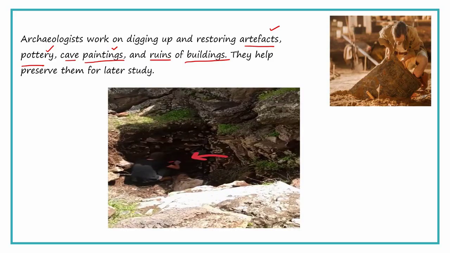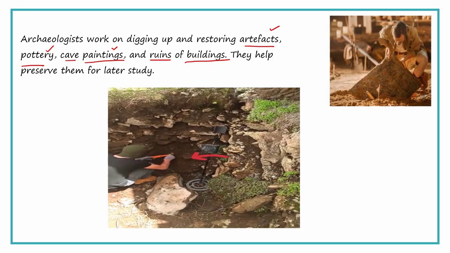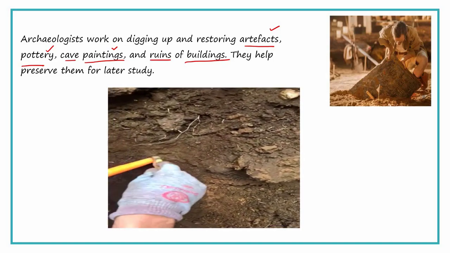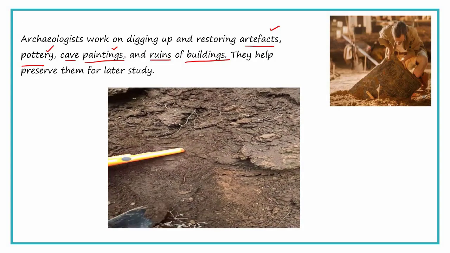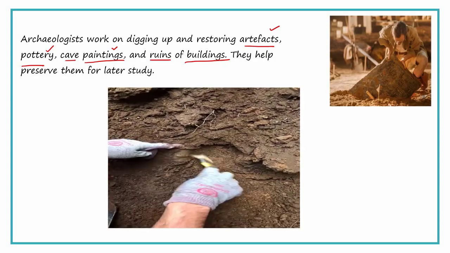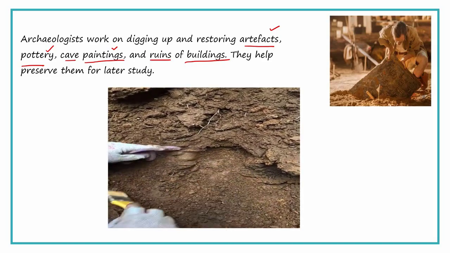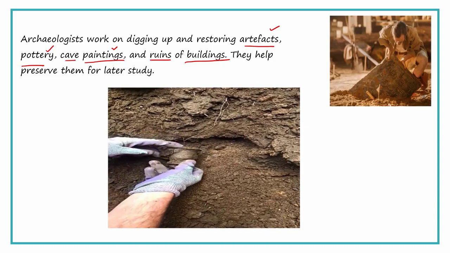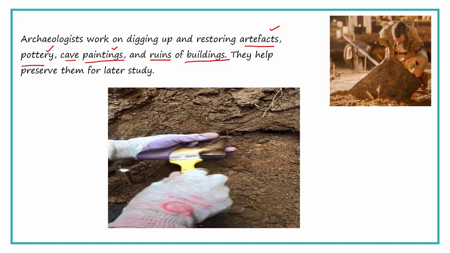See here, an archaeologist is working. How is he digging the soil? Slowly. He is using a metal detector. The metal detector is giving a beep sound. That means something made of metal is there. Now see, they got a vessel.